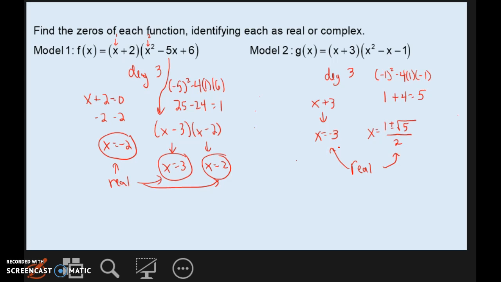It appears we only have 2 roots, but this is 1, and these actually contribute 2 more. One of my roots is 1 plus the root 5 over 2, and the other one is 1 minus root 5, all divided by 2. So keep in mind that the degree tells us how many overall roots we're going to have: real numbers plus complex numbers, complex roots.